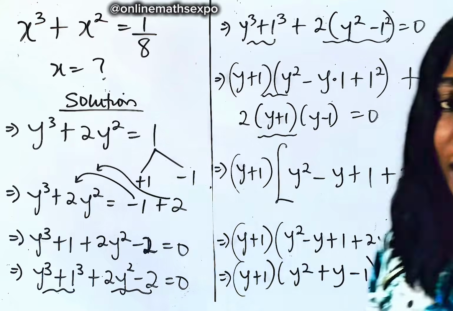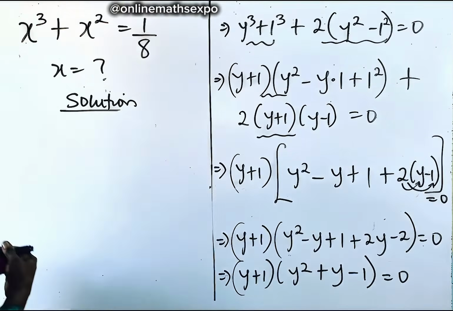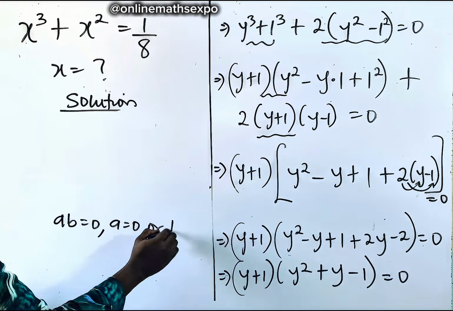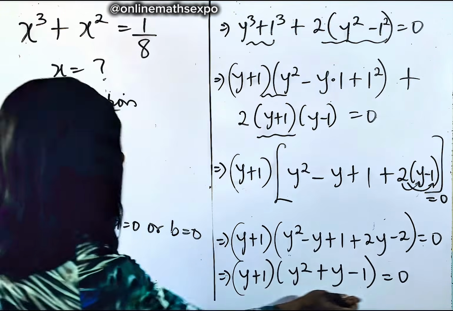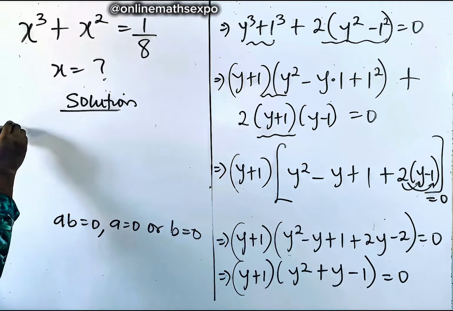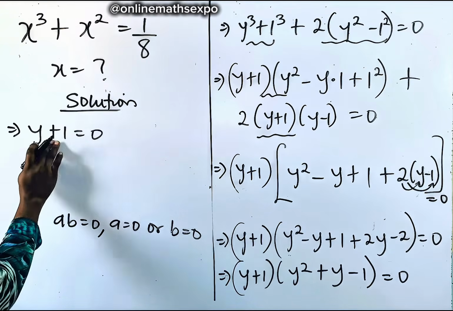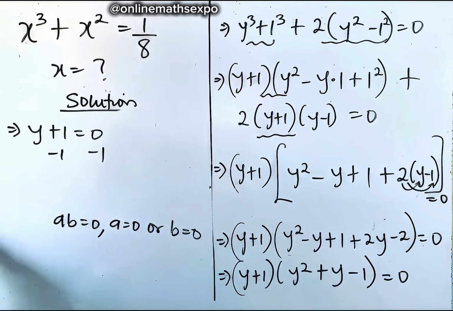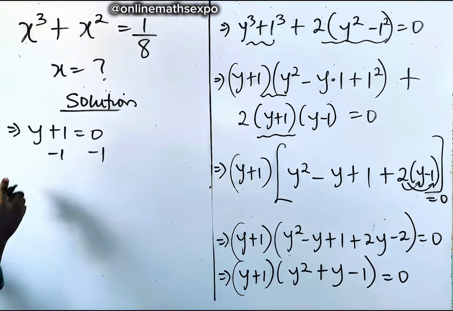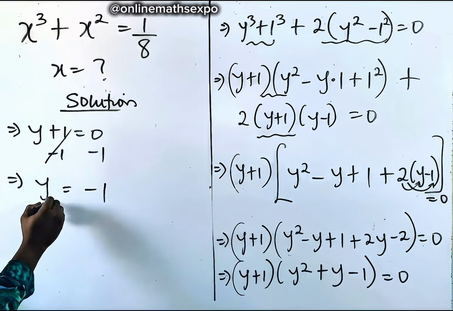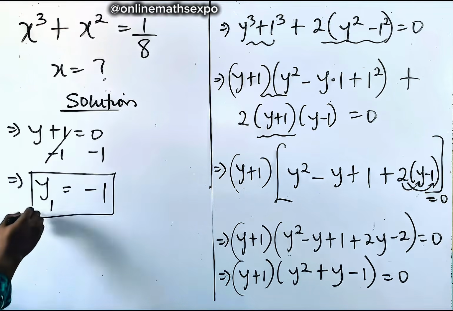From this point, remember, if AB is equal to 0, either A is 0 or B is 0. So from here, we now have y plus 1 is equal to 0. To solve this, to remove this, subtract 1 from both sides. And when you do that, this goes off, y will give us -1. And this is the first value of y.